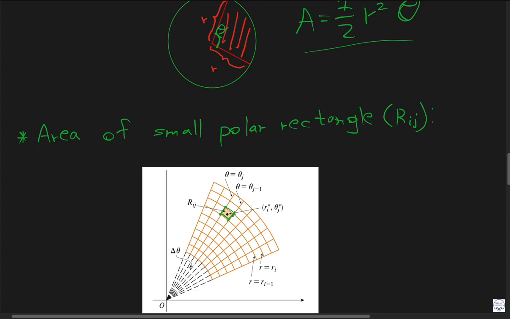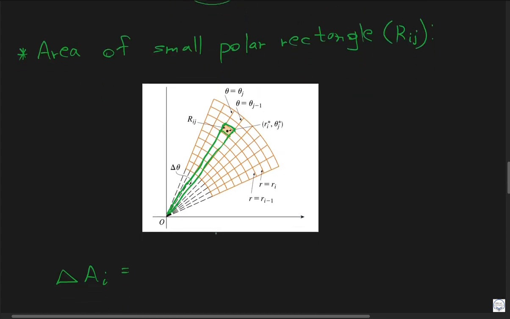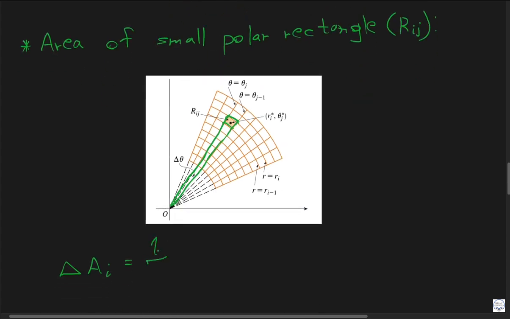We'll first find the area of this larger circular sector, and that is half R i squared, because the distance from the origin for this green line is R i, times delta theta, the difference between these two angles.